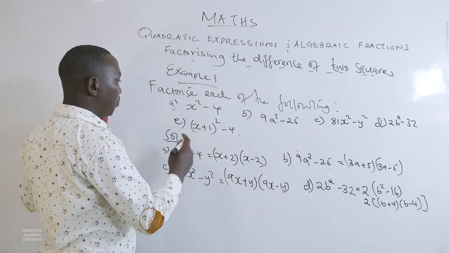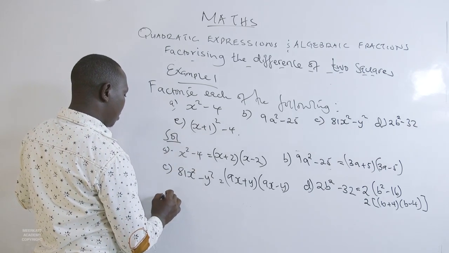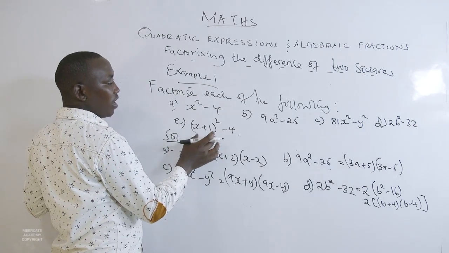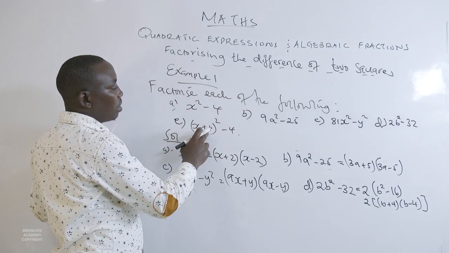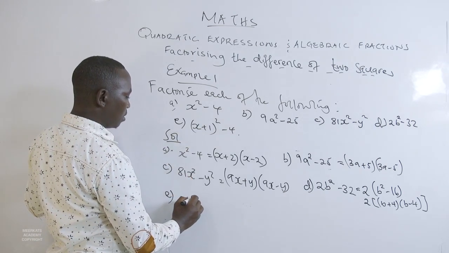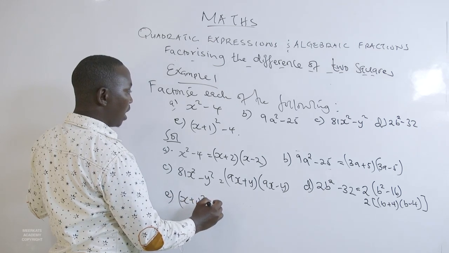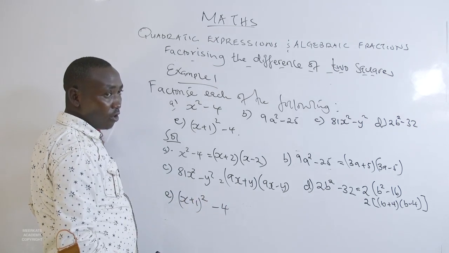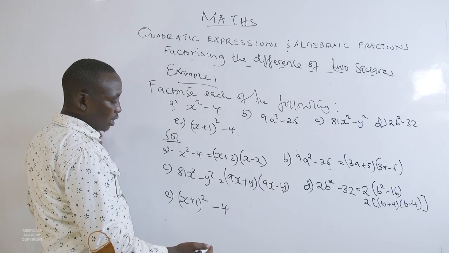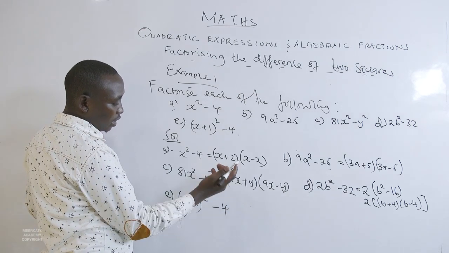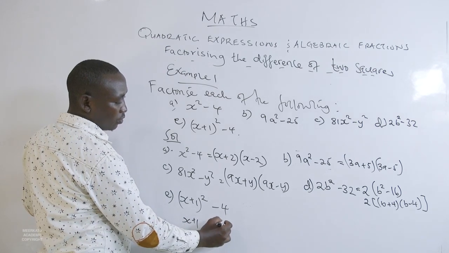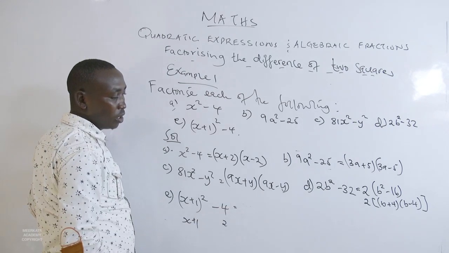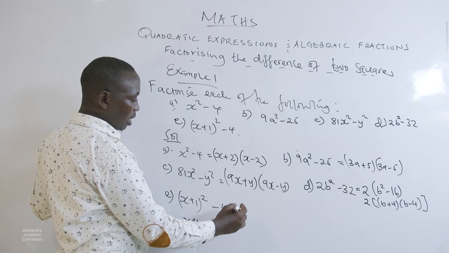Now lastly, number E. We have x plus 1, the whole of it squared, then subtract 4. So good knowledge tells you that if the whole of this has been squared, then the square root will be x plus 1. And then the square root of 4 is going to be 2. So we simply put them into brackets.